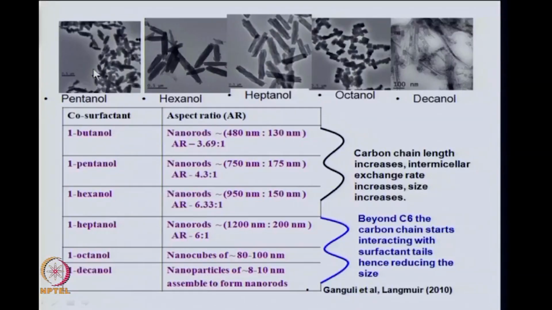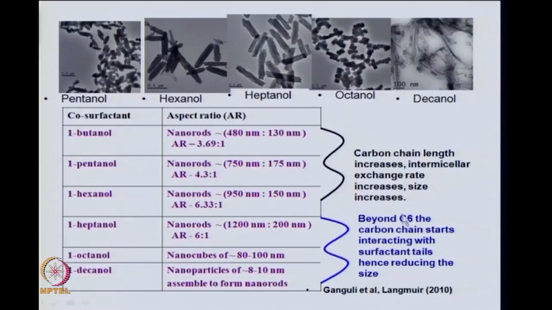So, you start with 5 carbon, 6 carbon, 7 carbon, 8 carbon and 10 carbon, and up till say 6 or 7 you see the anisotropy, and beyond that you see they become more uniform particles.